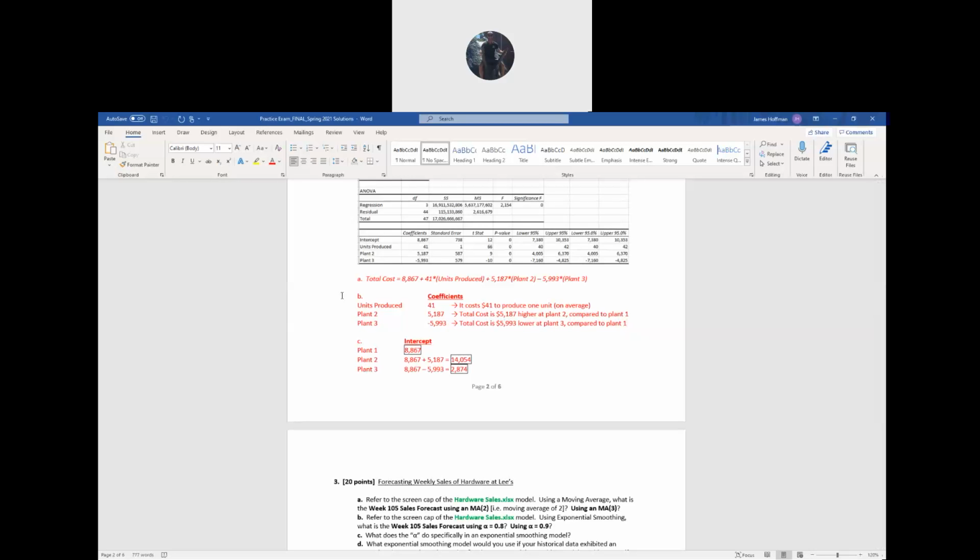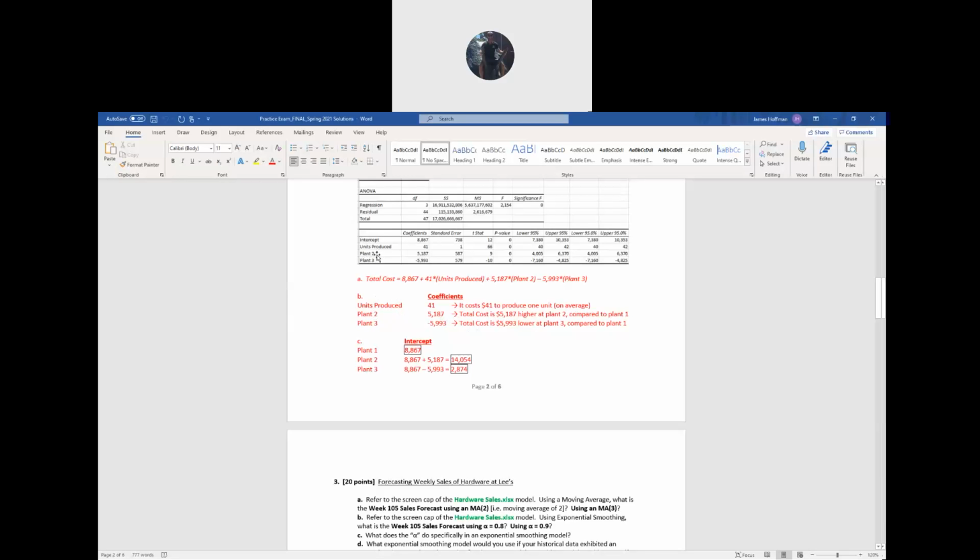All right, so see that the coefficients for the binaries are always the change in comparison to the one that's omitted, and in this case that's plant 1. So total cost is 5,187 higher at plant 2, and total cost is 5,993 lower at plant 3, both compared to plant 1, right? And that's how you interpret the binary.